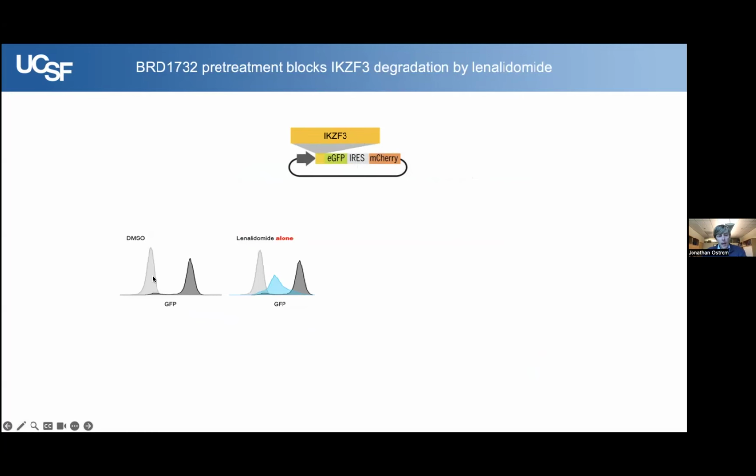Down here, I'm showing you unlabeled cells in gray, the reporter cells in dark gray, showing GFP expression. When we treat with lenalidomide alone, we see a reduction in GFP, which corresponds to the degradation of IKZF3. If we co-treat with the proteasome inhibitor MG132, we completely block this effect.